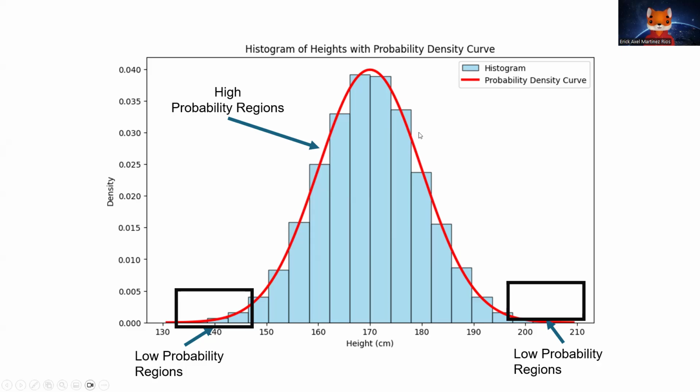From this histogram, we can notice that the ranges of values around 170 are more frequent compared to having a person with a height of 200 centimeters or below 140 centimeters.